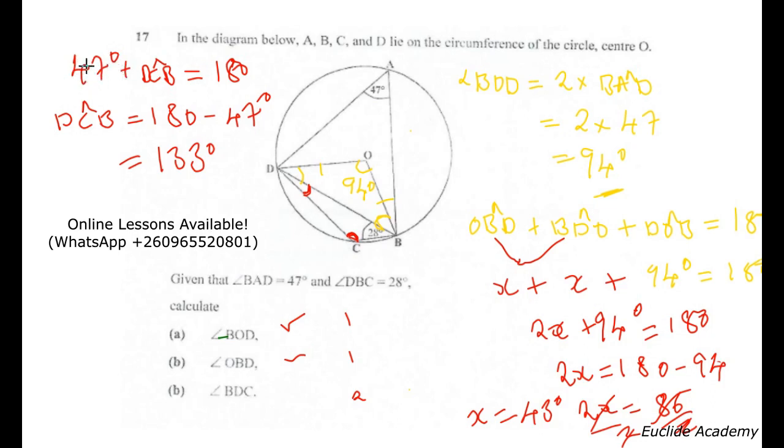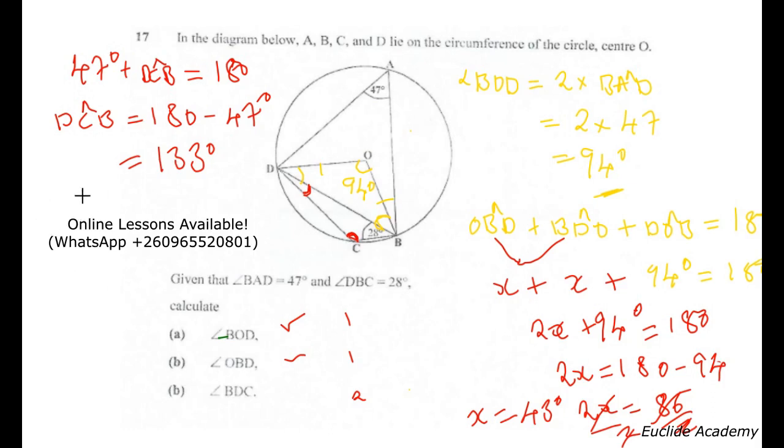Since we know this is angle BAD, you can say angle BAD plus DCB is equal to 180 degrees. Then next you can say 47 plus DCB is equal to 180 degrees, because it will show the examiner, the one who's marking your work, that you know what you're doing, and that will earn you marks.